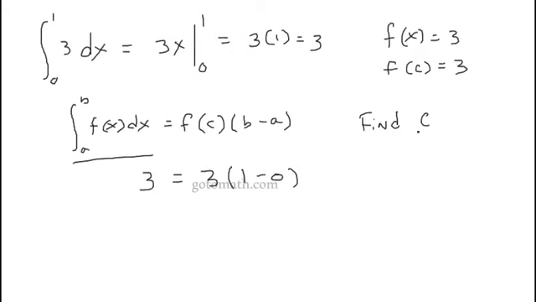So the question is, what is c? Well, c could be anything. Let's draw a graph here, and let's make the graph of the function a different color. And of course this is 3 here. We're going between 0 and 1 is what we're looking at.